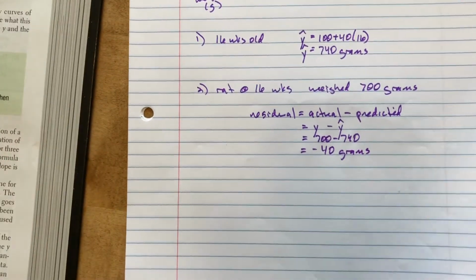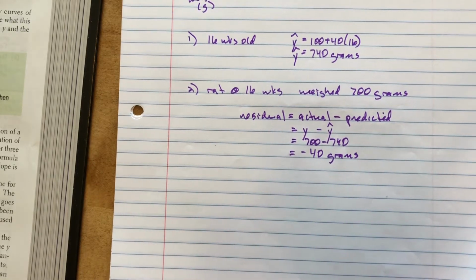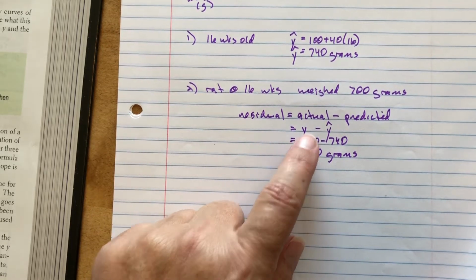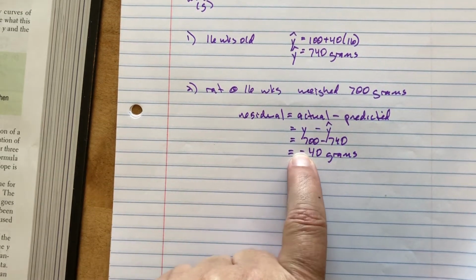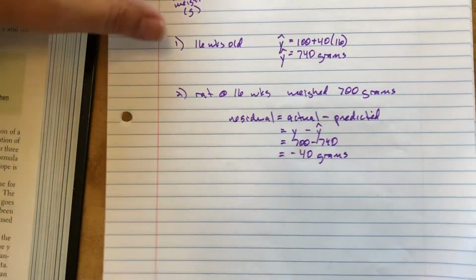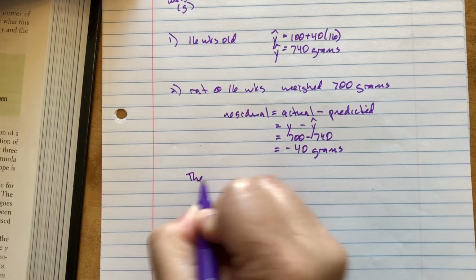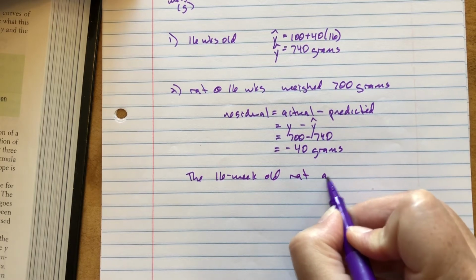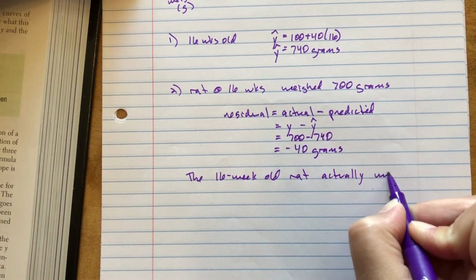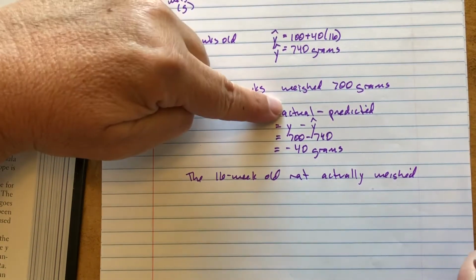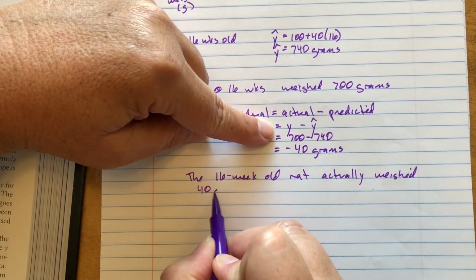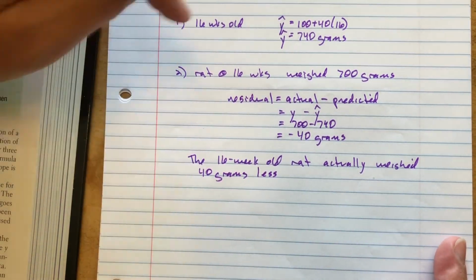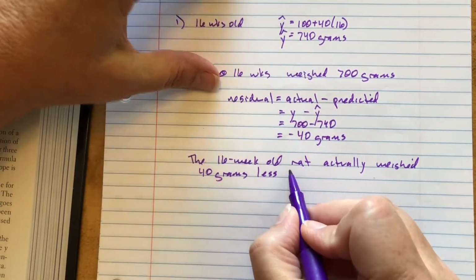Now to interpret that, I interpret it just the way I see it. I say the 16-week-old rat actually weighed 40 grams less than I would have predicted, using the regression line. I say less because it's negative, so you won't put negative in your interpretation.